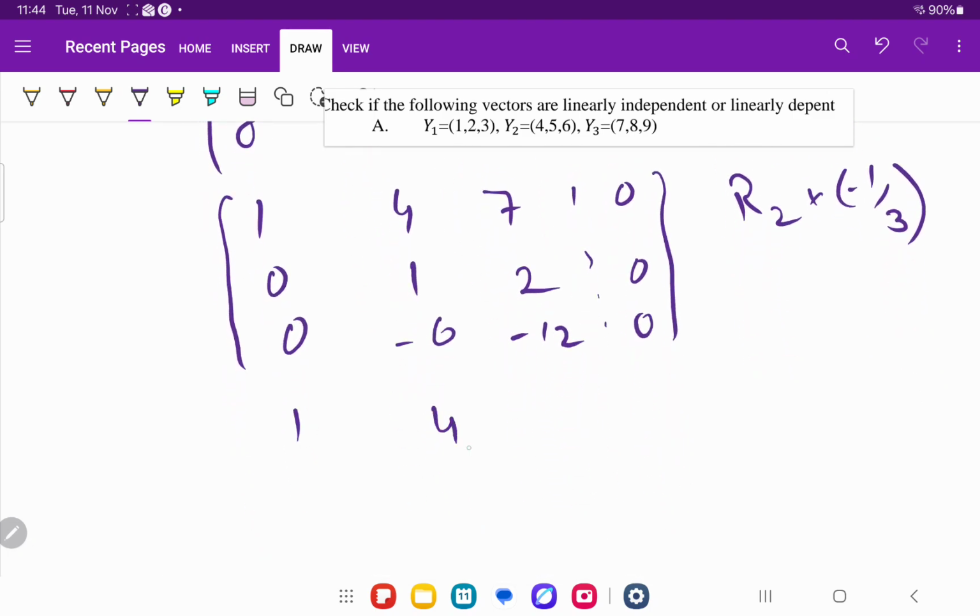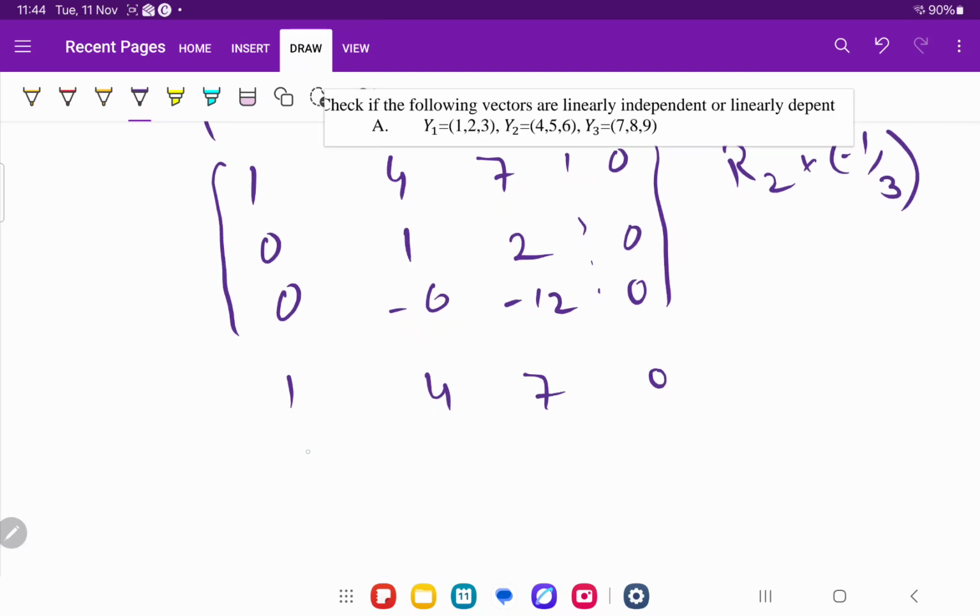So 1, 4, 7, 0 again will remain the same. 0, 1, 2, 0 will remain the same. 0, 0, because the opposite sign of minus 6 is plus 6. Plus 6 minus 6, answer is 0. 12 and minus 12, answer is 0.